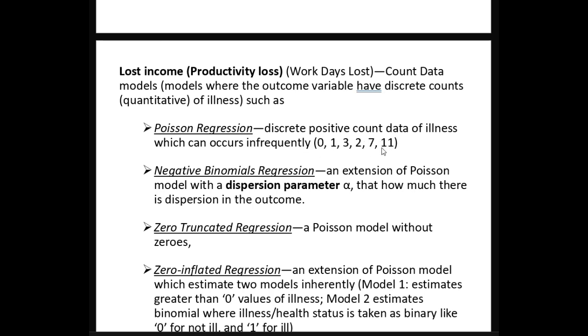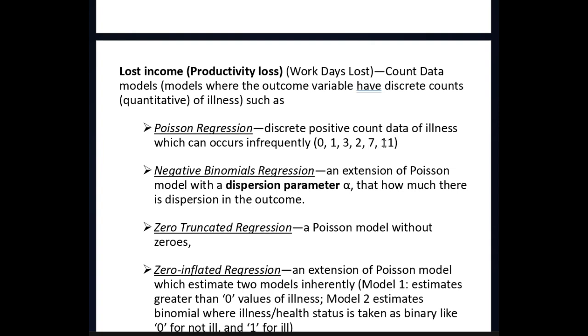So when the dependent variable is of this nature, as in productivity loss models, the best model to estimate is the Poisson regression model, in which the dependent variable values are discrete quantitative values. Now when you estimate this model, you might experience a very large dispersion. Here there are zeros, there is 11, and the values might go up to 100.